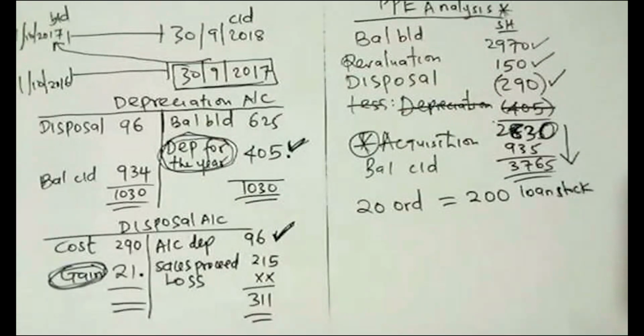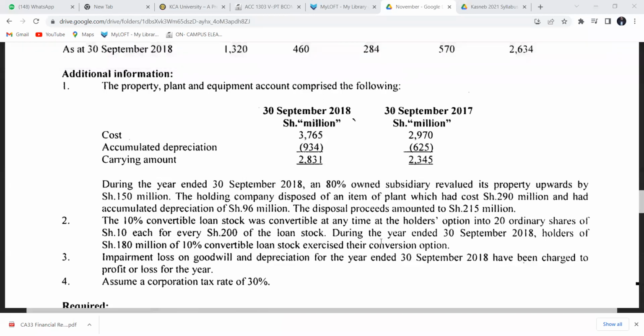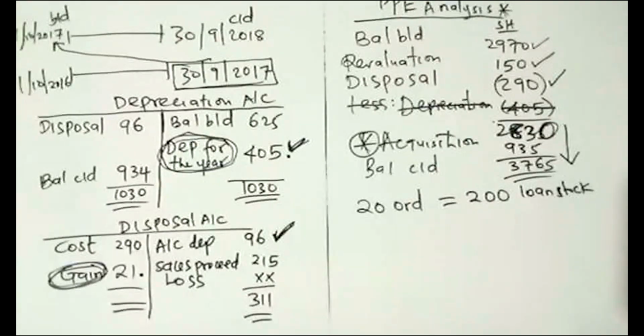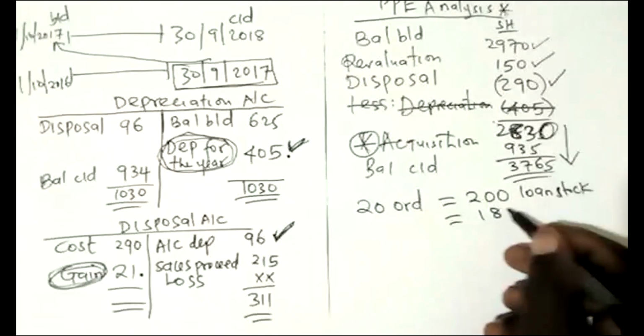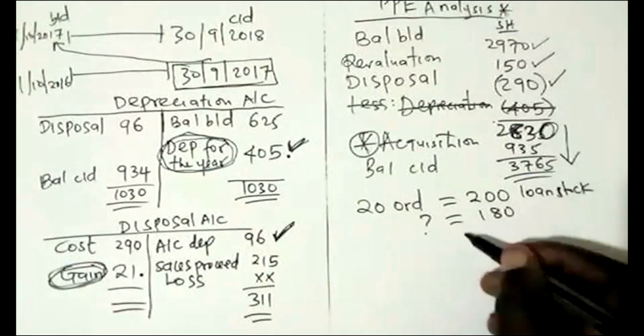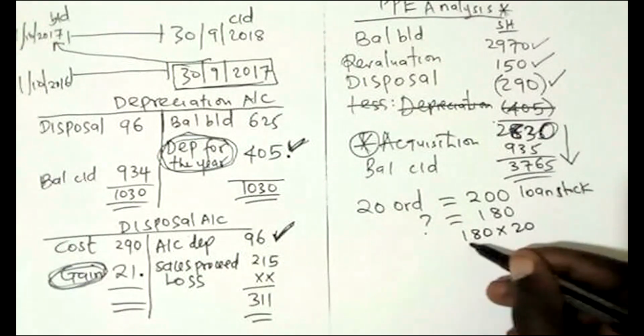But they went ahead to say that during the year 30 September 2018, holders of 180 million of the 10% loan stock exercised their conversion option, which means that they converted to ordinary shares. So we are in need of how many shares they converted to.